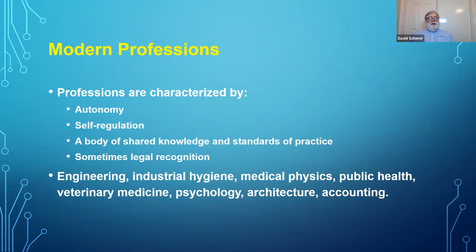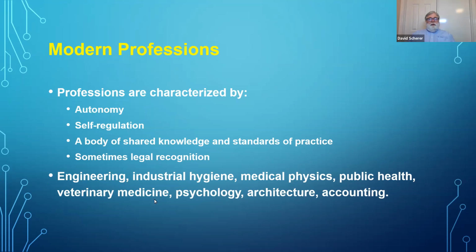Sometimes professions have a legal recognition too, but not always. Engineers, for example, have a legal license. They're professional engineers, and the government recognizes that. You can't design a building or any machine without an engineering license.